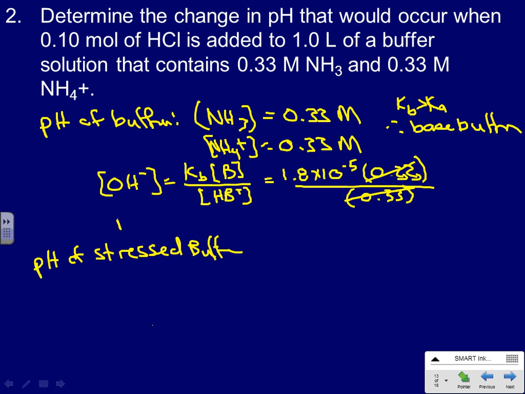So you're obviously getting a pOH in this case, and then ultimately a pH. Why? Because we work in the pH world. We don't work in a pOH world for some reason. What do you got? 4.74?